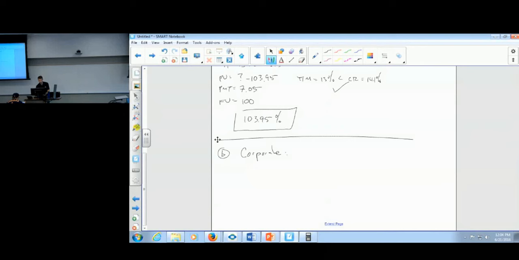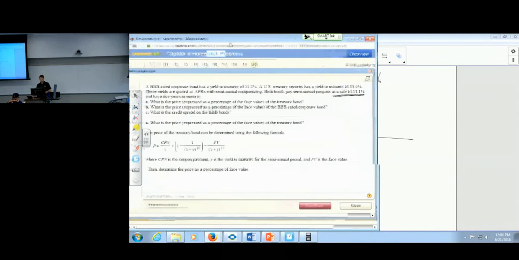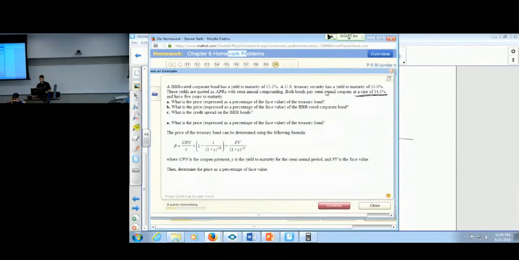All right, for the corporate bond, they both have a coupon rate of 14.1%, but the yield to maturity on the corporate bond given to us in the problem is 15.2%. Triple B rated corporate bond has a yield to maturity of 15.2%.